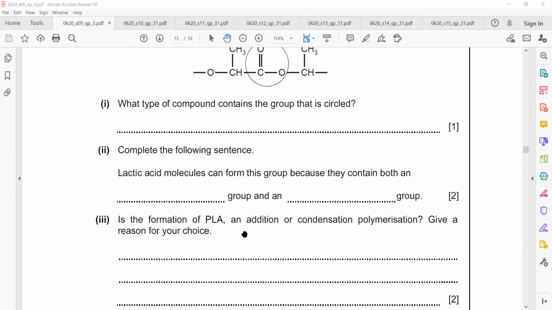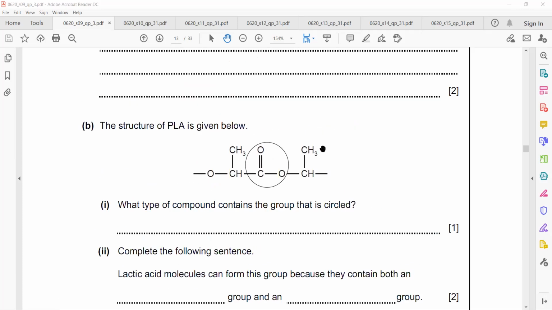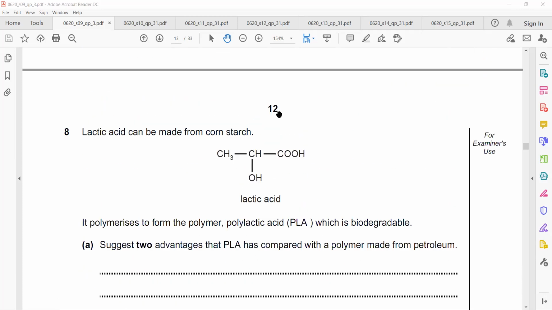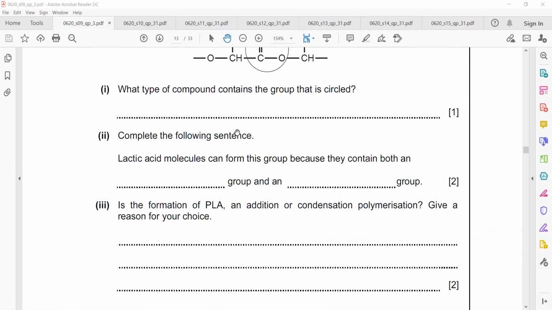Is the formation of polylactic acid addition or condensation polymerization, and give a reason for your choice. Like this is a polymer formed from this monomer. Is this polymer formed by condensation polymerization or addition polymerization? So it is formed by condensation polymerization, and how do we conclude that?